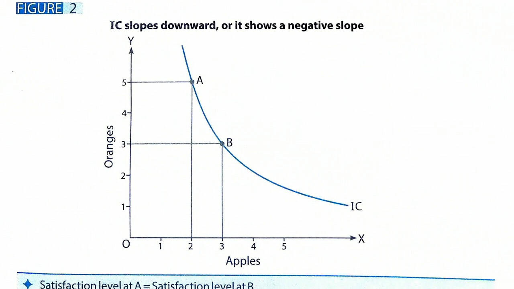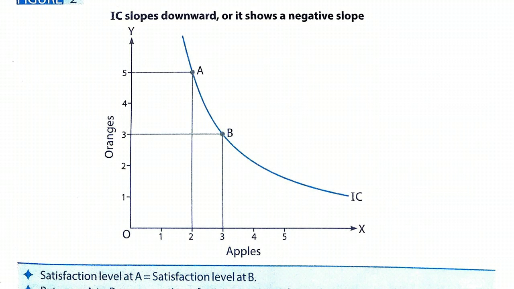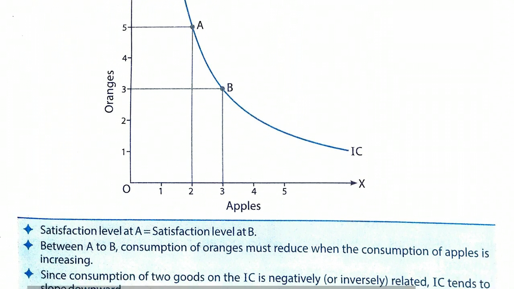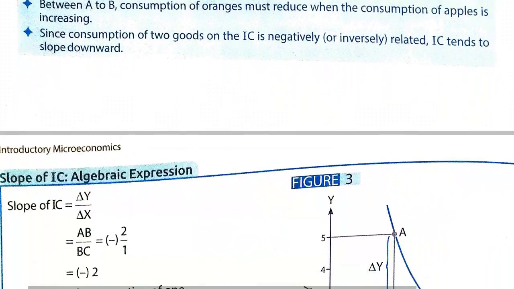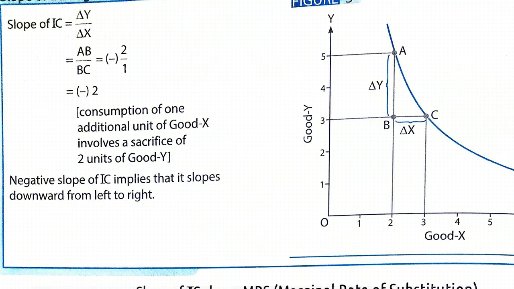It is showing a negative slope. In this you can observe because of decrease in oranges with increase in apples. So in this curve also you can see the decrease in oranges is more than the increase in apples.